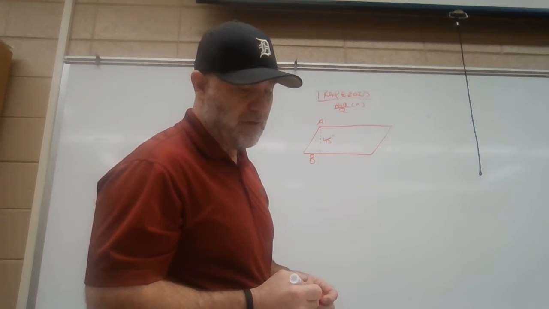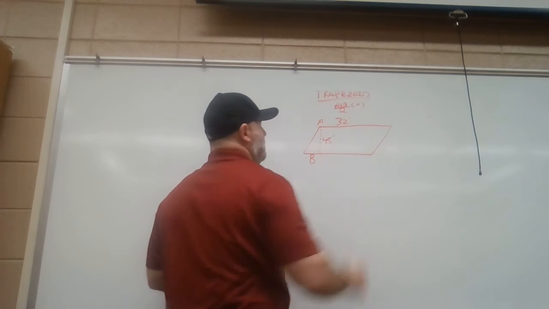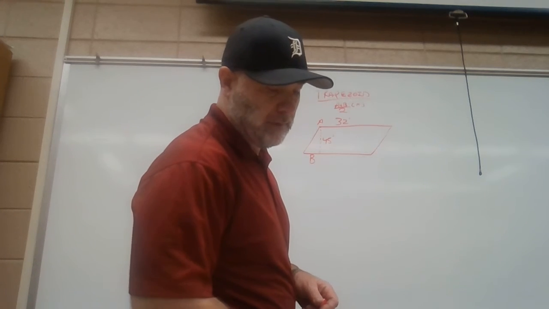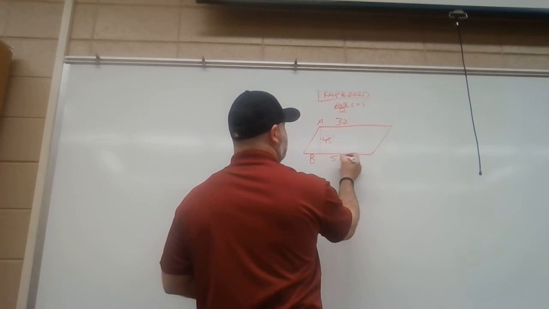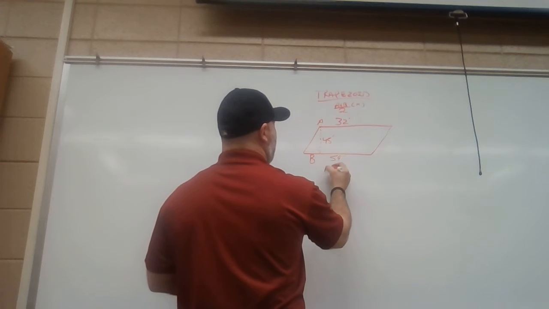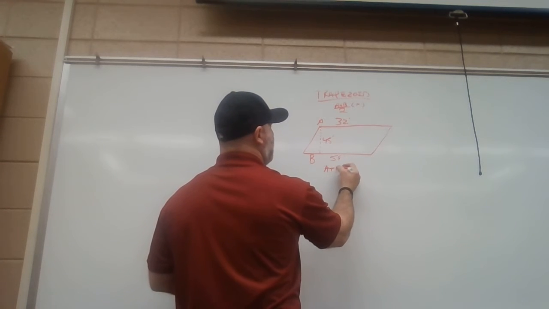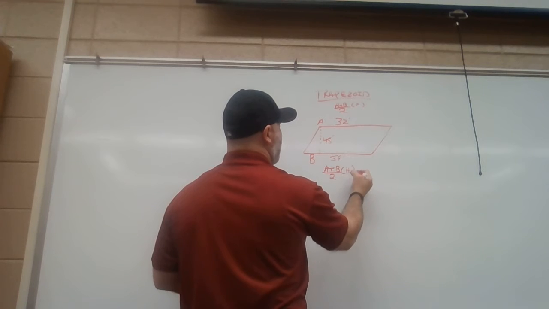One side is 32 feet, and the other side was 59. So you put your formula: A plus B divided by 2 times height.